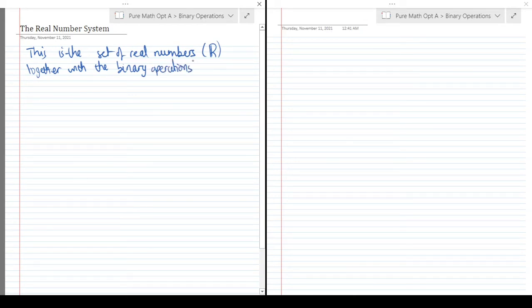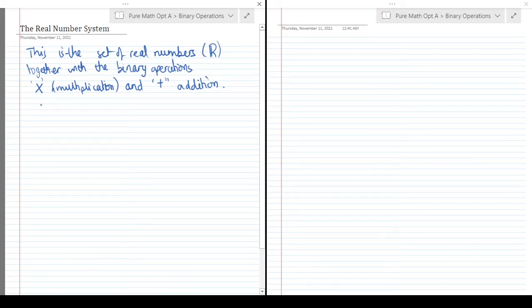Together with the binary operations, multiplication, and then of course the other one, addition. Right? So those three things together constitute what is called the real number system.